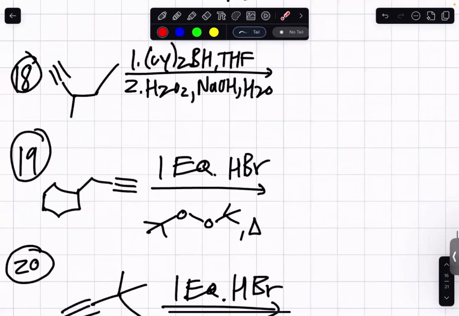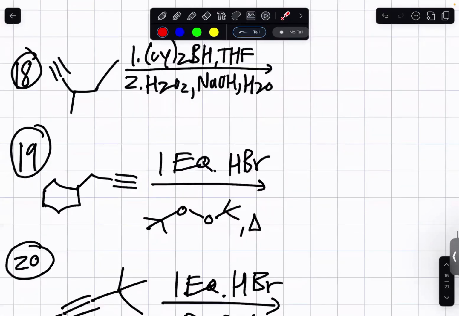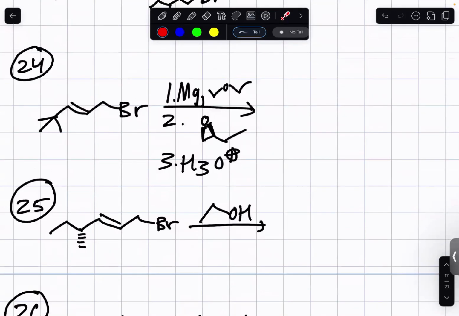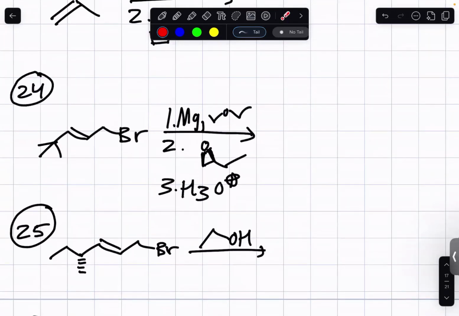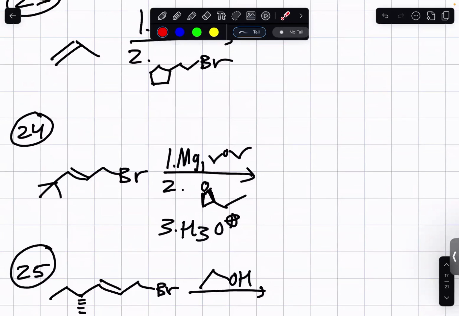Okay. 24, 26. Okay. Oh, polyene. That's the one with the... Okay. Yeah, polyene, is that included in the next midterm? The polyene? I thought that was in midterm 3, the polyene reaction.